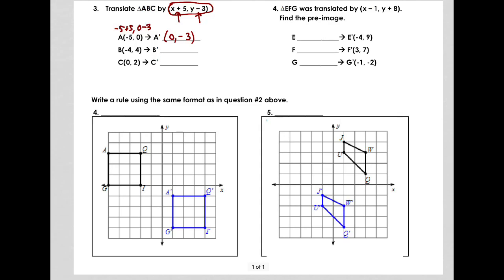And if you do that with each coordinate, well, now I'm going to add 5 to negative 4. So negative 4 plus 5 is 1. And then I'm going to subtract 3 from this 4. So 4 minus 3. The order is very important. You're not going to do 3 minus 4, because notice the y value has to be first. So our y value is positive 4. 4 minus 3 is 1.